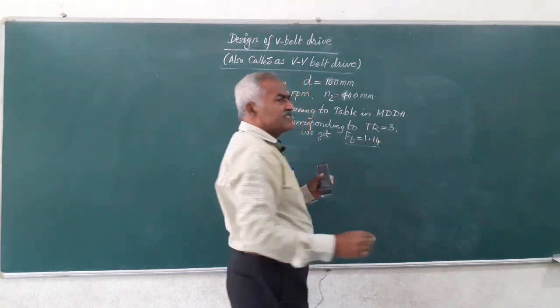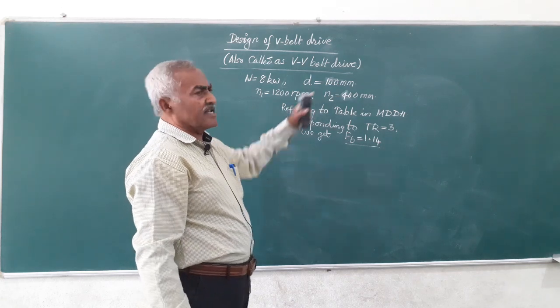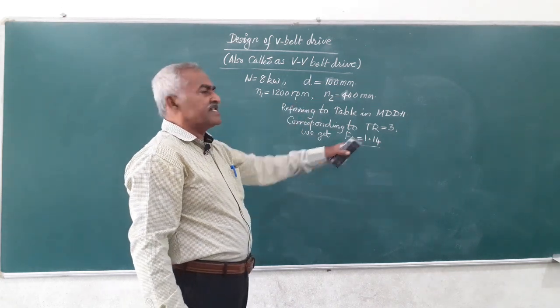So this value is given in the data handbook. It all depends on the transmission ratio. Generally it is greater than 1.